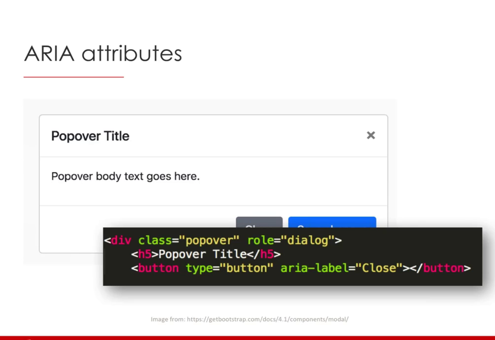So ARIA attributes can do a lot of things, including describing when something's currently hidden on the page so that a screen reader doesn't read it, or to help understand the relationship between two elements, like saying something is labeled by another element. So there's a lot of different types of ARIA attributes and role attributes that you can assign in your code, but the first step is HTML, making that semantics first and then supplementing it with these attributes as necessary.